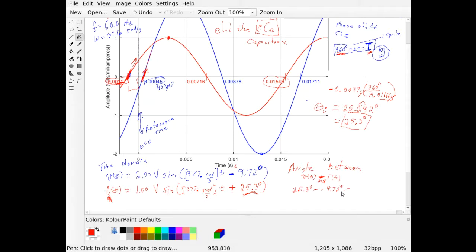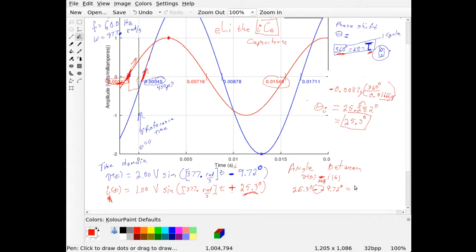The difference between these is actually going to be a positive, because we got dual negatives there, so it becomes a positive.